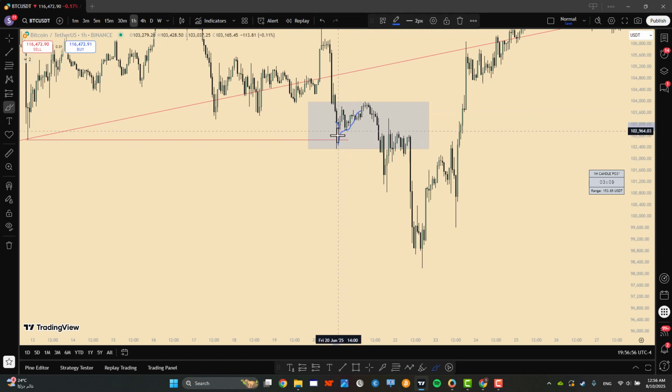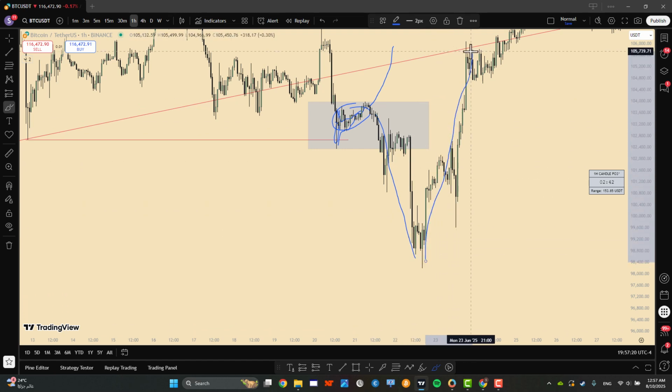We have a strong reaction from here, but it just lost momentum, and this is not something that you want to participate in. When you see this slowly trading to the upside, don't expect a push to the upside suddenly. It came back all the way to here, and then see the candles here.